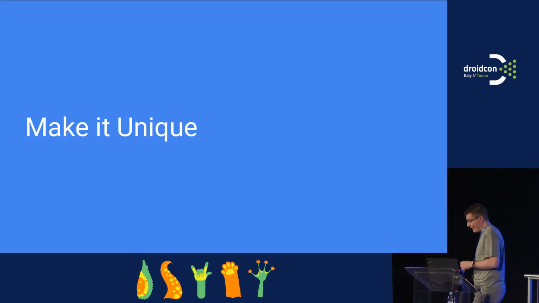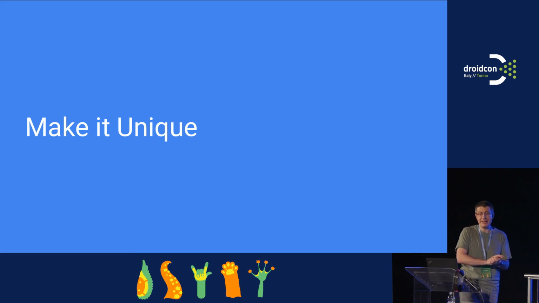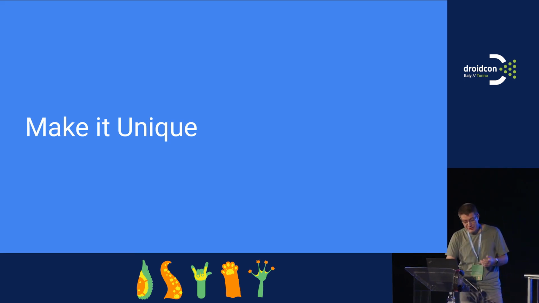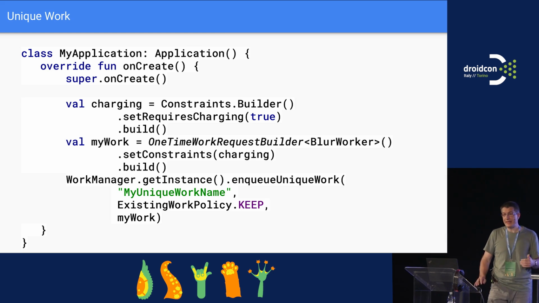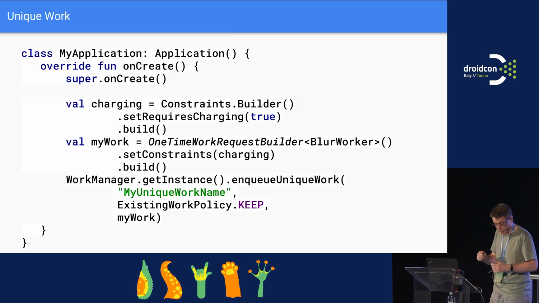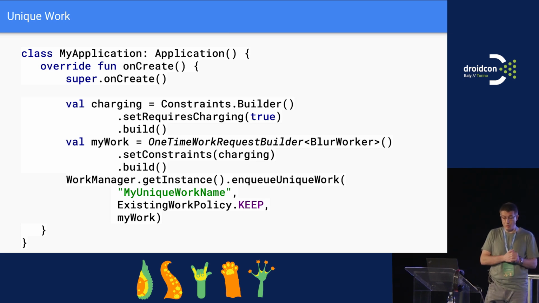Another thing that it's important to remember is that WorkManager is keeping the worker inside the database. So if you are doing something like enqueuing your worker every time that you are running your application, so inside the application onCreate, it's important to use enqueueUniqueWork, so to have a unique work request.